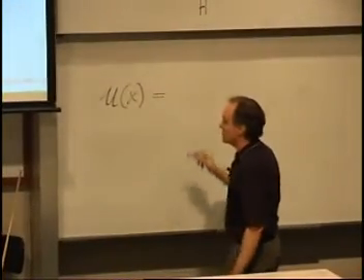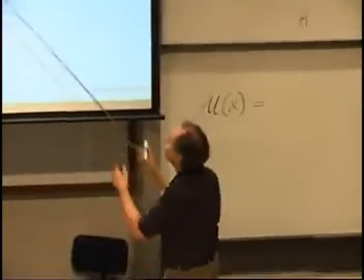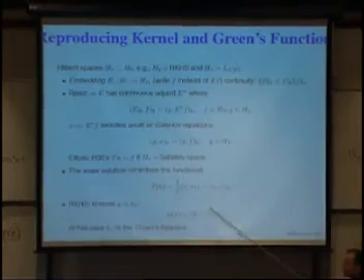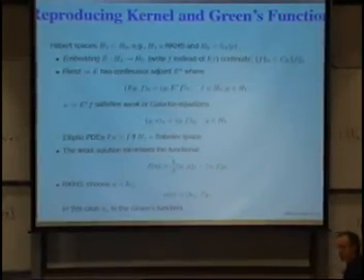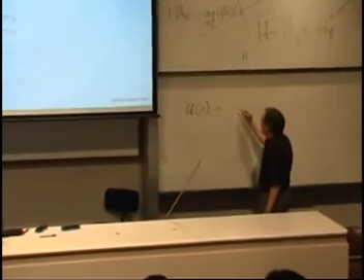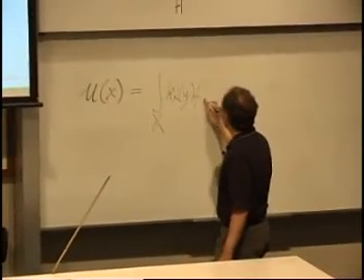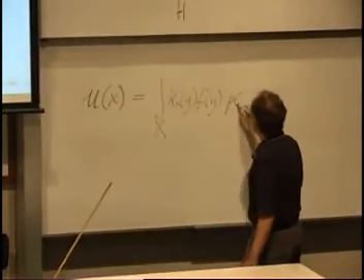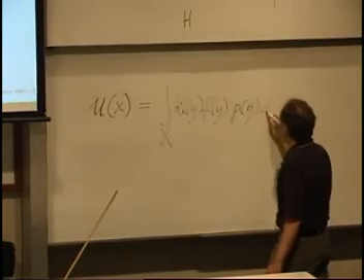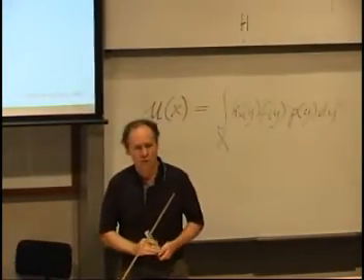U of x equals, and remember our H0 was an L2 with measure P. So the scalar product here is just the L2 scalar product. So this equals just an integral over x, K of x of y, f of y, p of y, dy, or you can write dp of y, or whichever way you want to write it.